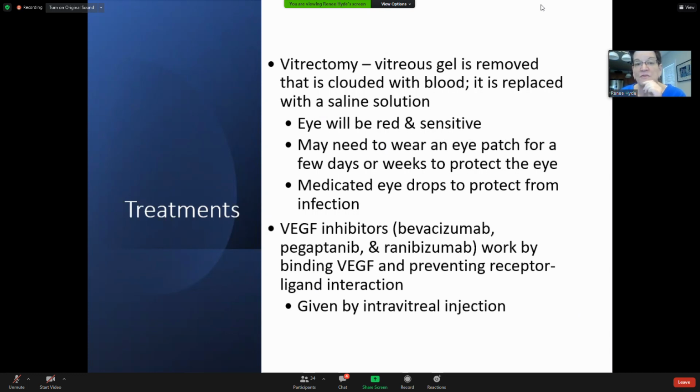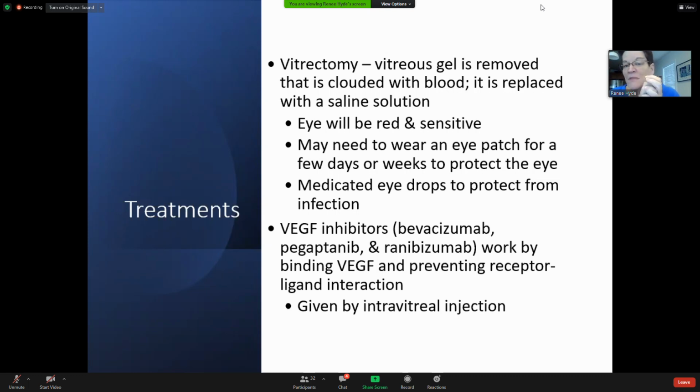It's replaced with a saline solution, okay? What they do, guys, is they would put 2 little openings and they will take saline and flush through the eye and it drains out the other side, okay? Eye is going to be red and sensitive. They may need to wear an eye patch for a few days to protect that eye.